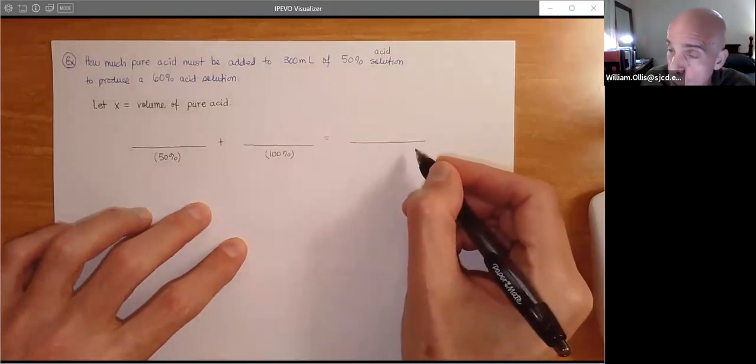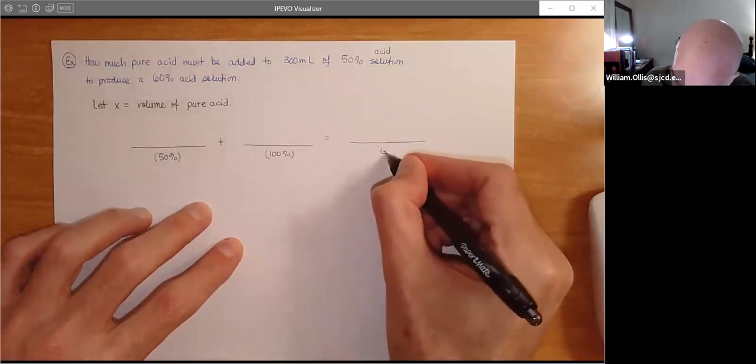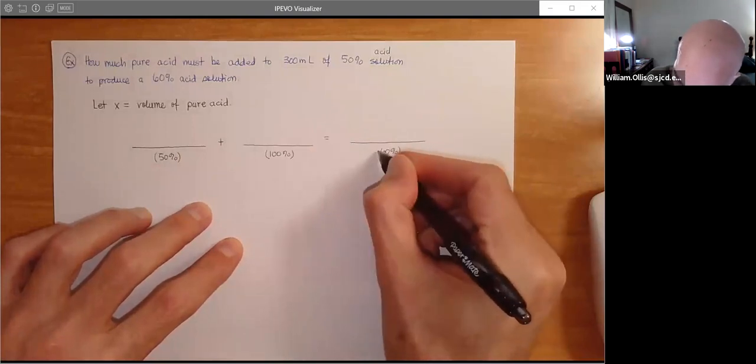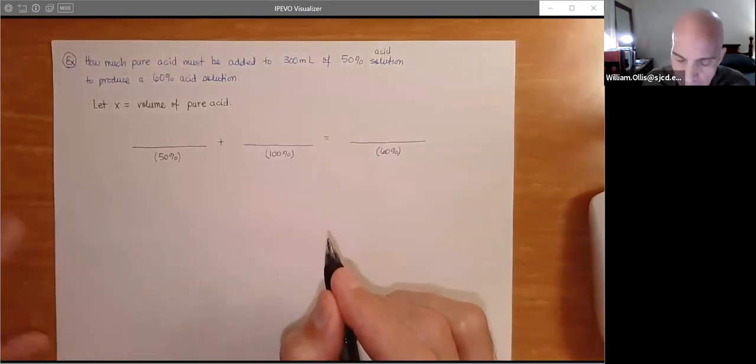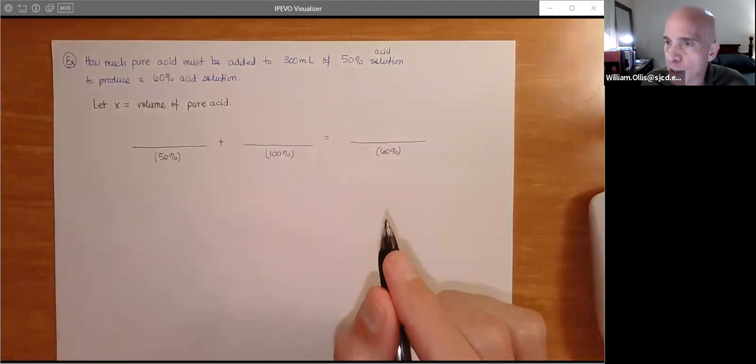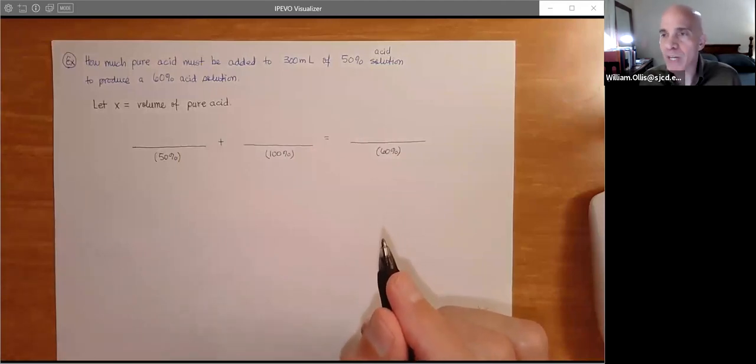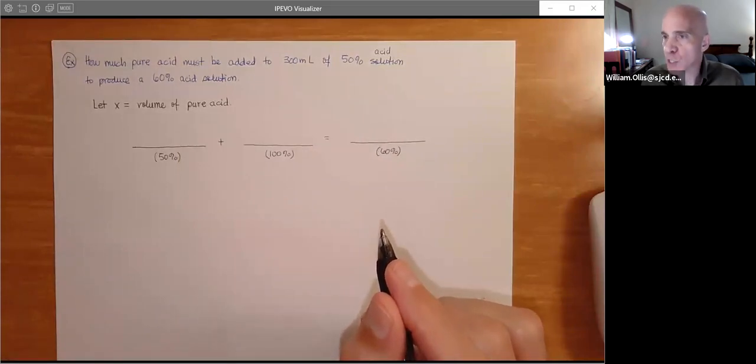And the goal should be a 60% solution. So this avoids unnecessary calculations. Now, this is why I like using the fractional equivalence for the percents, because we can always eradicate the denominators to make the numbers really small.